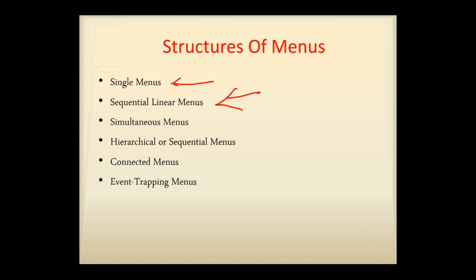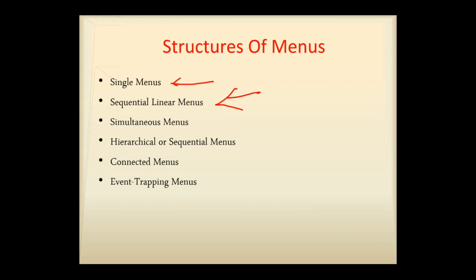A connected menu system may be cyclic, with movement permitted in either direction between the menus, or acyclic, with movement permitted in only one direction. These menus also vary in connectivity, to the extent to which menus may be linked by multiple paths.